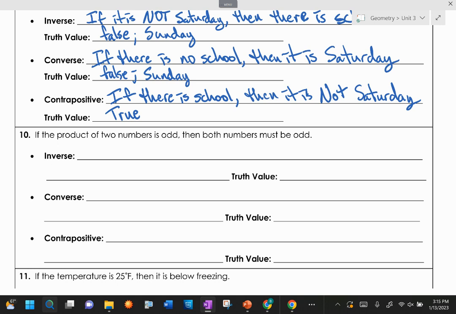So if the product is even, the numbers must be... what? That's not true.